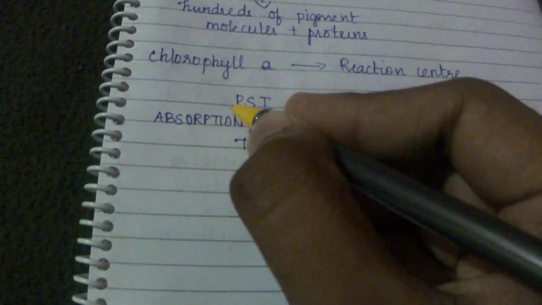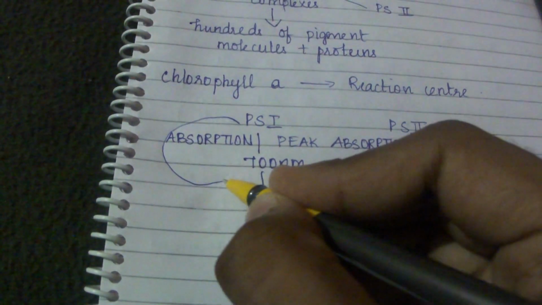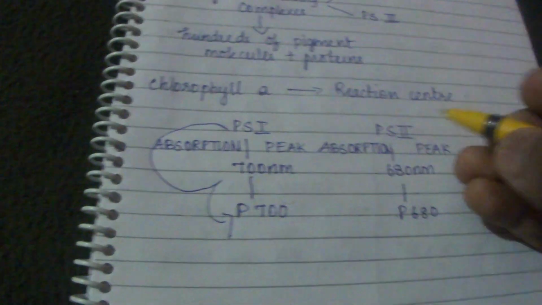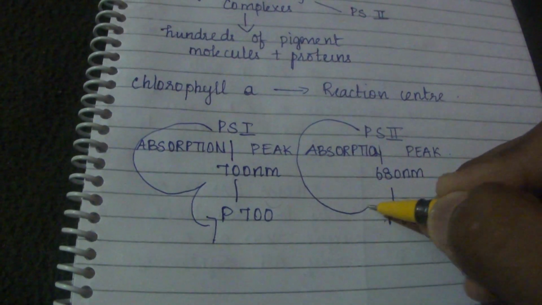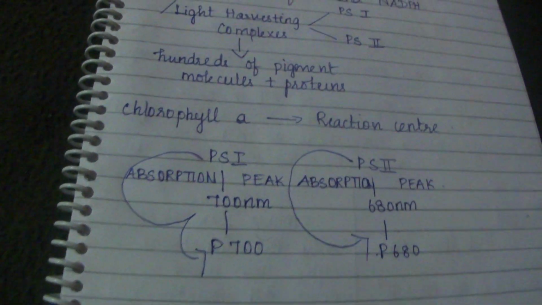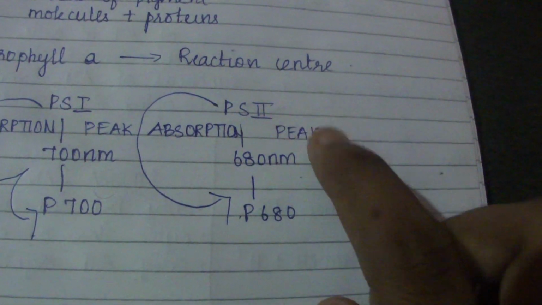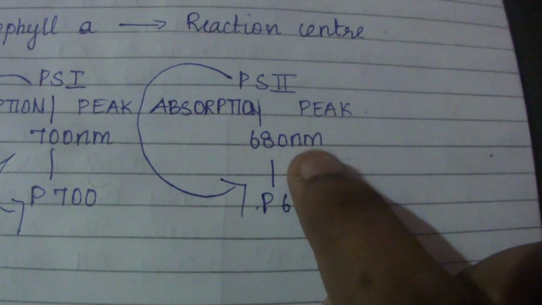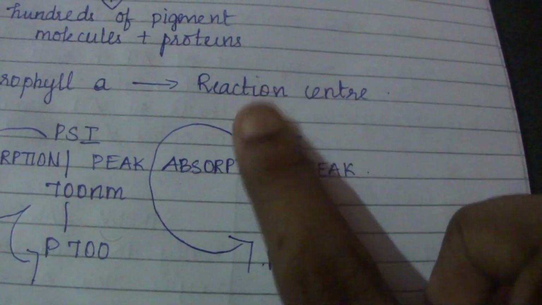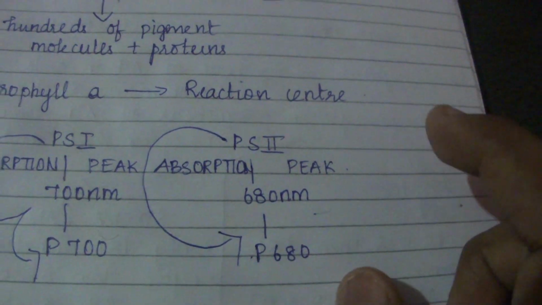That's why PS1 is also known as P700, and PS2 is also known as P680, because the absorption peak of the reaction center in PS2 is 680 nanometers. That is, the maximum wavelength which can be absorbed by the reaction center of PS2 is 680 nanometers.